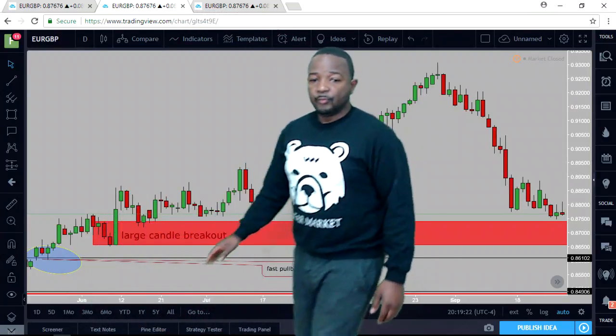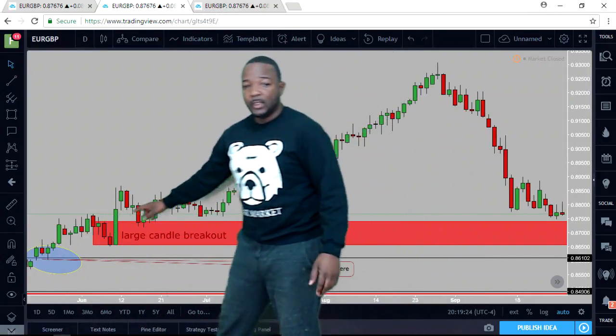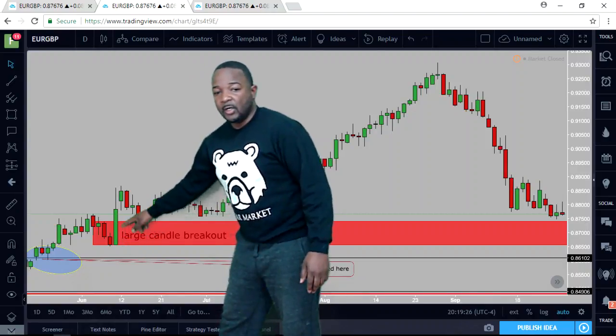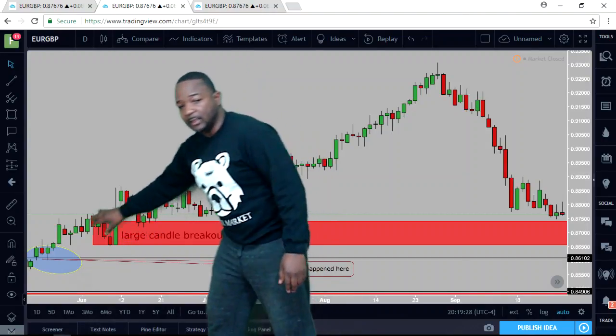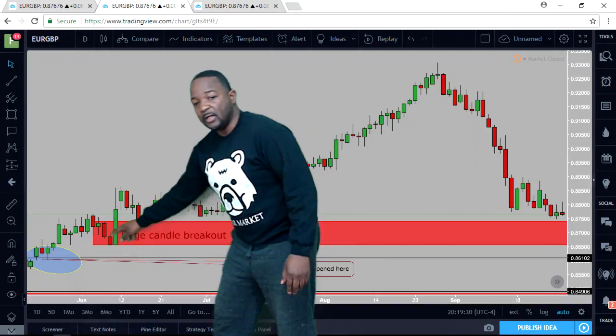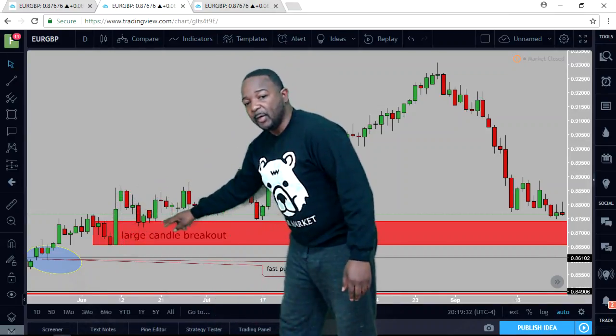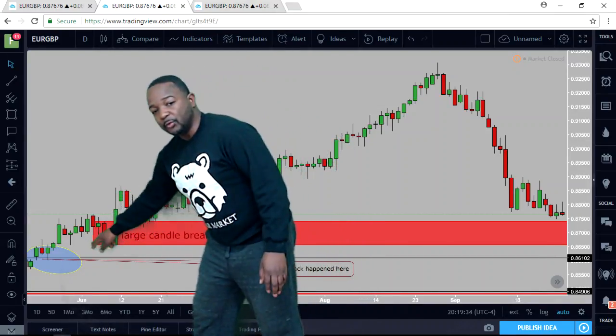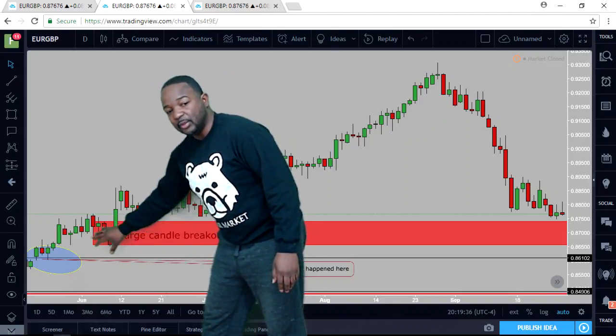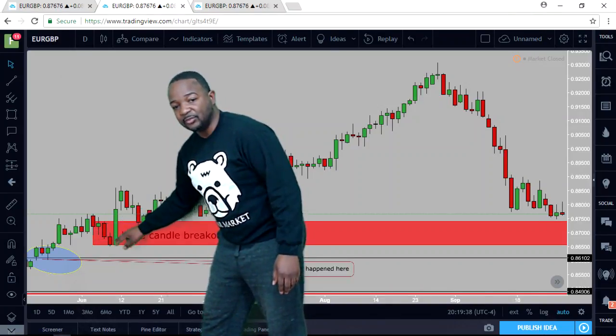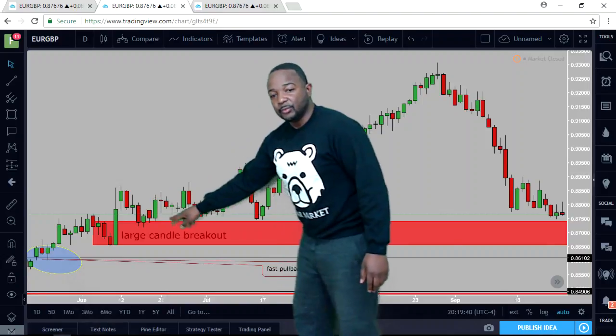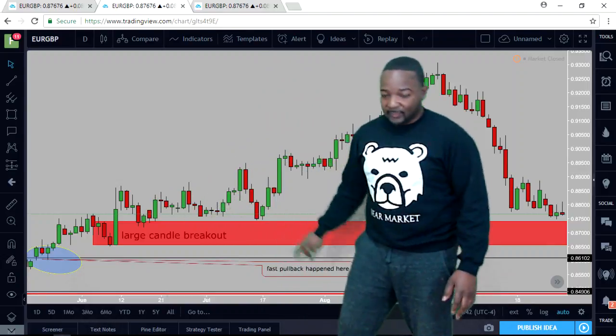Okay? Right around this level here, we had a huge, large candle that broke out right here. A nice demand zone, a large candle that broke out. Notice the market. Remember, demand zone, you're going to do all the consolidation, box up all the consolidation. Market goes up, retest. Okay? Retest.